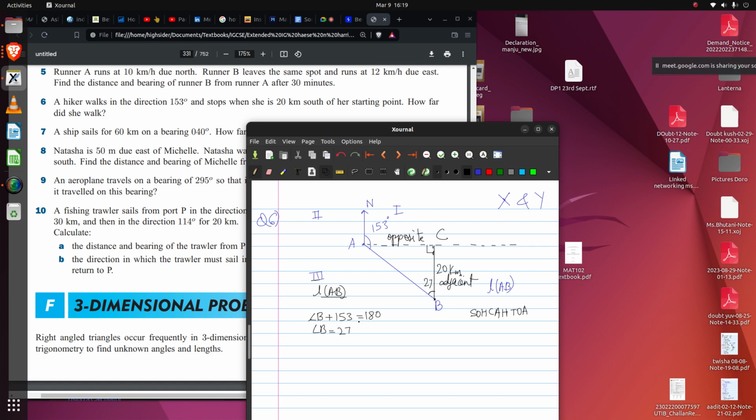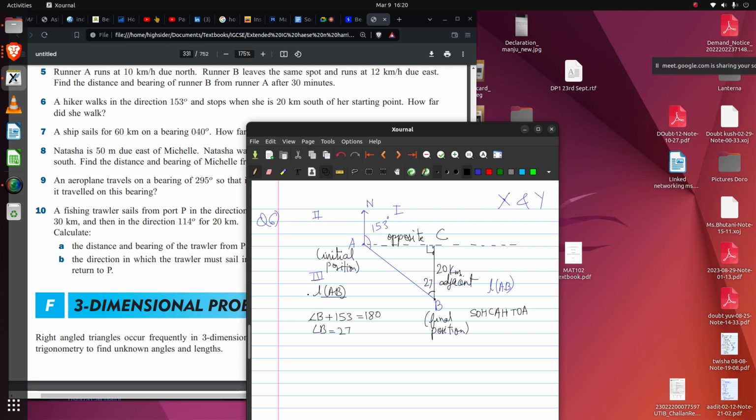How far did she walk? Is this the final position of the person? And this is the initial position. So how far has to be AB only. We're looking for the hypotenuse.